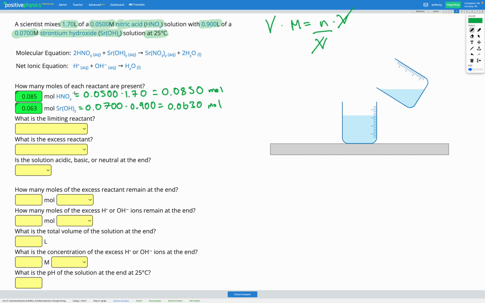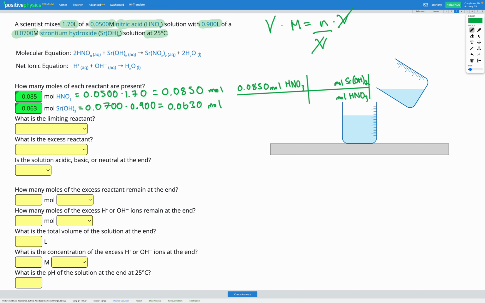So to do that, we're going to convert the moles of HNO3, which is 0.0850 moles of HNO3, and we want to convert moles of HNO3 into moles of Sr(OH)2.